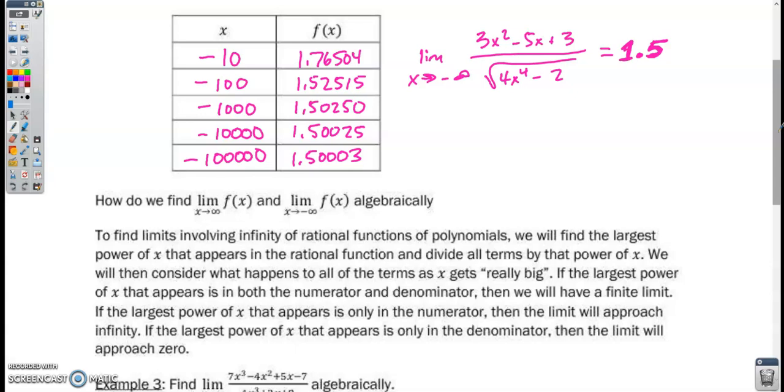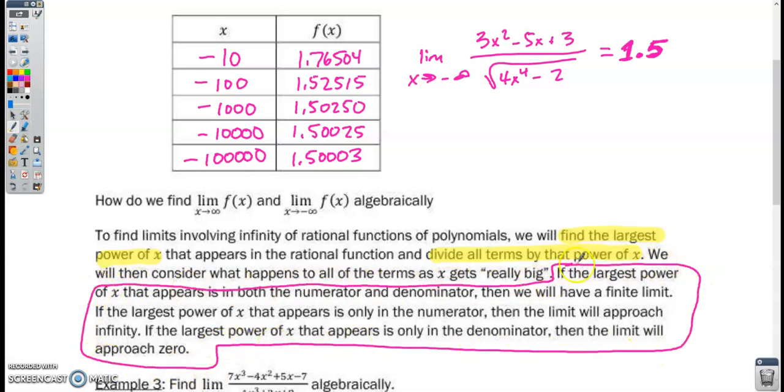So what I'm going to do is find the largest power of x that appears and divide all the terms by that power of x. Then, once we've done that, we will consider what happens to all the terms as x gets really, really big. There are some things to look out for here. If the largest power of x that appears is in both the numerator and denominator, we're going to have a finite limit.